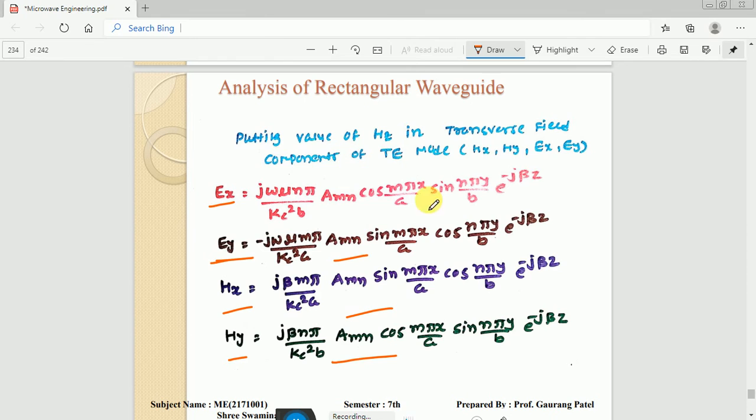So these are the transverse field components Hx, Hy, Ex, Ey for TE mode in a rectangular waveguide.